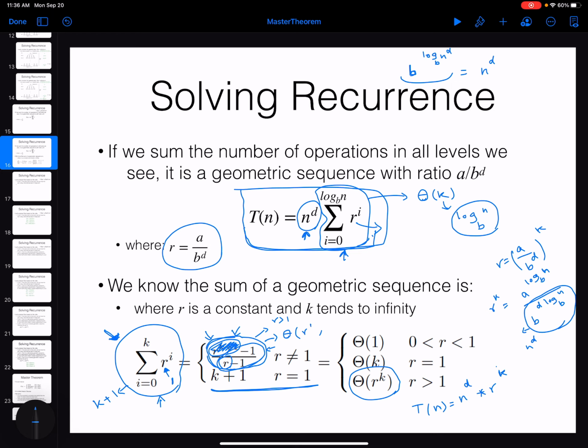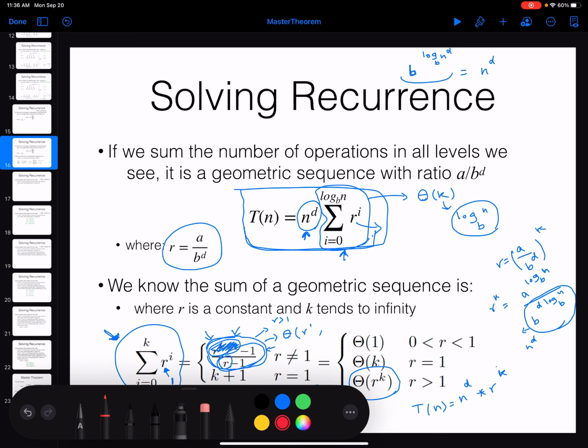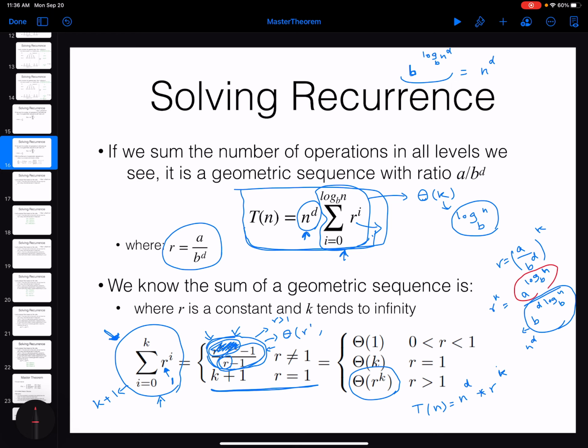And the numerator, let me use a different color. The numerator will be a to the power of log of n in base b.